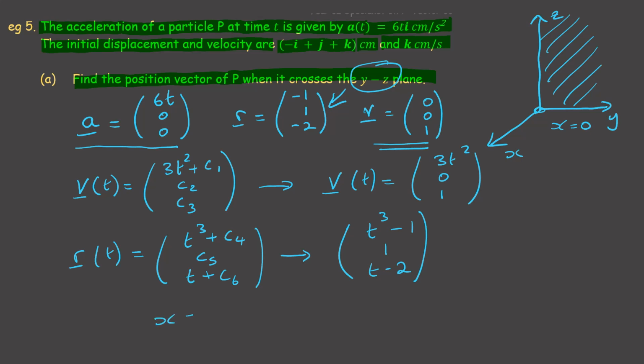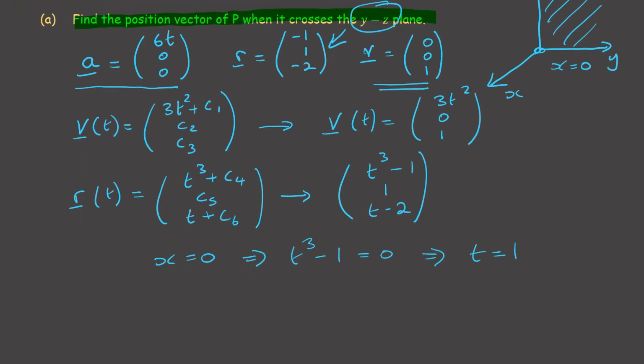So if x is equal to 0, that means t cubed take away 1 is equal to 0, which means t is equal to 1. So r(1) is equal to 1 cubed take away 1, which is 0, then we've got 1, and then 1 take away 2, which is negative 1.